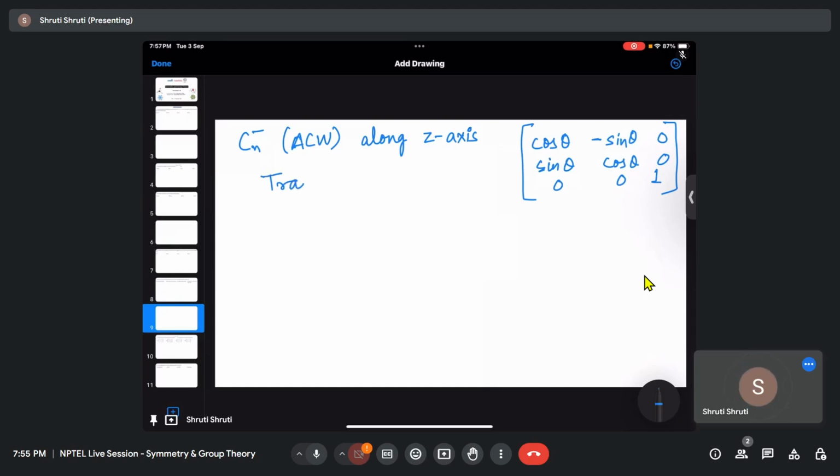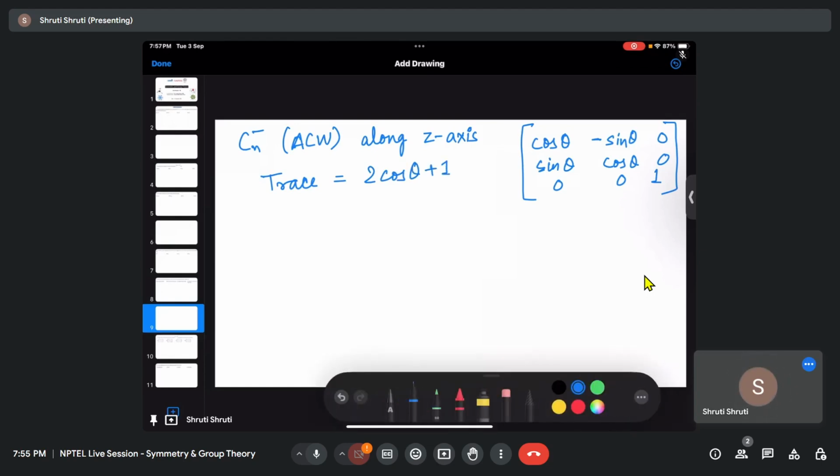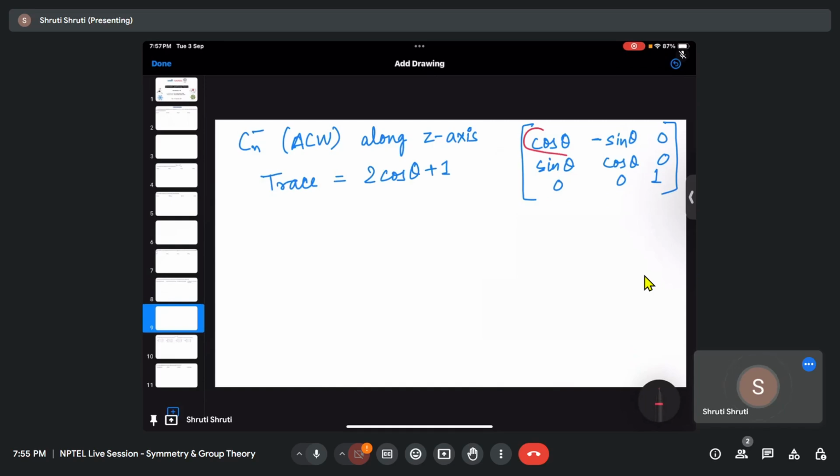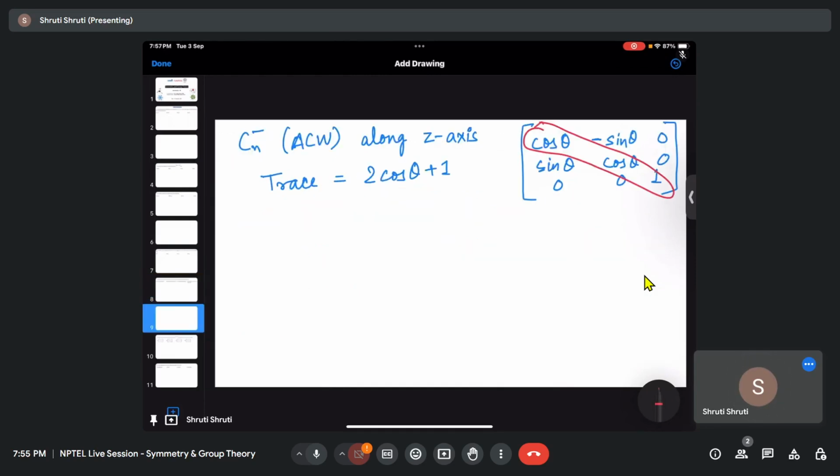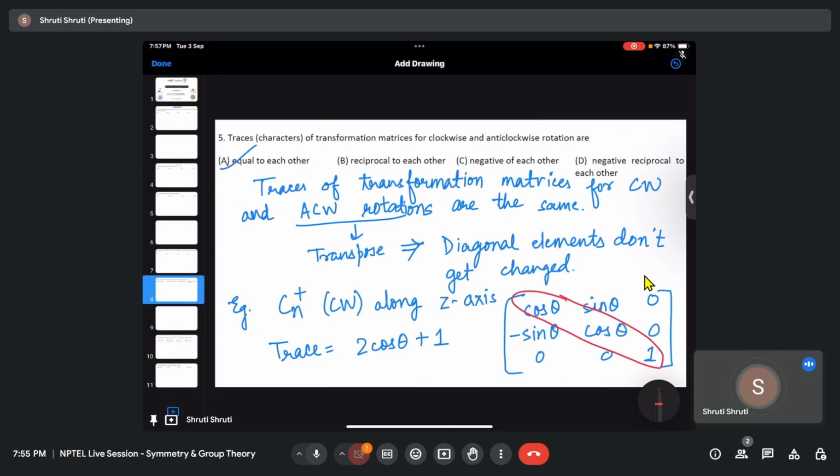Here also the trace is 2 cos theta plus 1, because the diagonal elements don't get changed on doing transpose. So the answer is A.